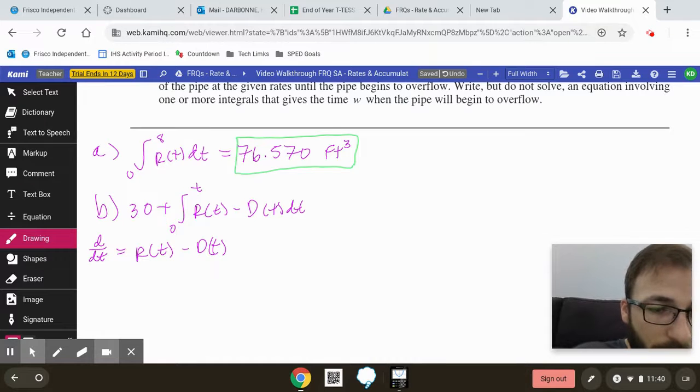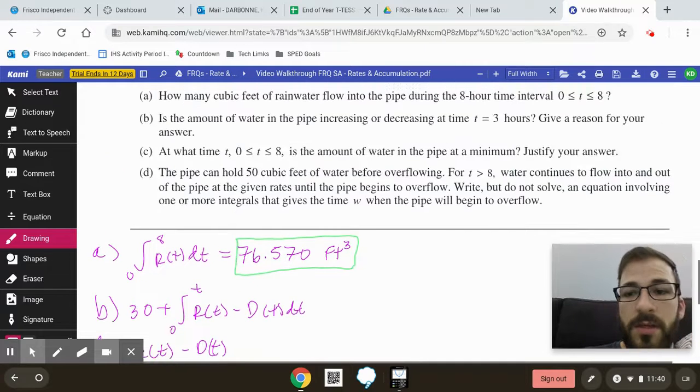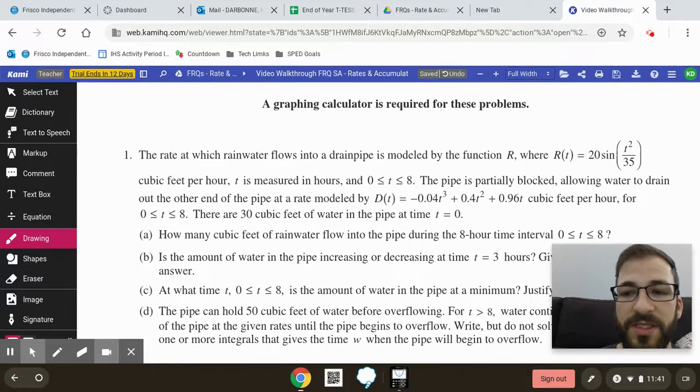So, R of 3 minus D of 3 equals. So I'm going to plug both these equations into my calculator.